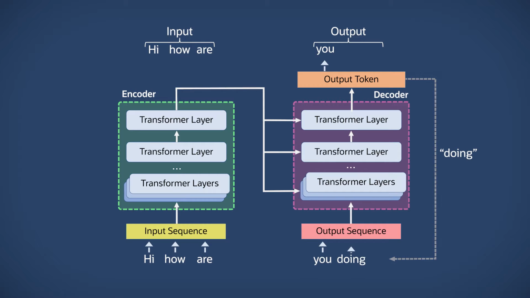Previously generated elements of the output sequence are also fed into the decoder at each step. This way of producing content is referred to as autoregression. The transformer and the self-attention-based architecture allows generative AI systems to exhibit creativity and produce content that wasn't explicitly present in their training data. Got it.